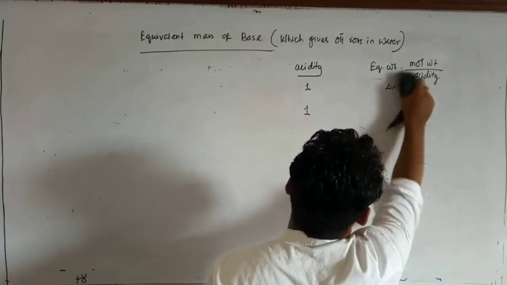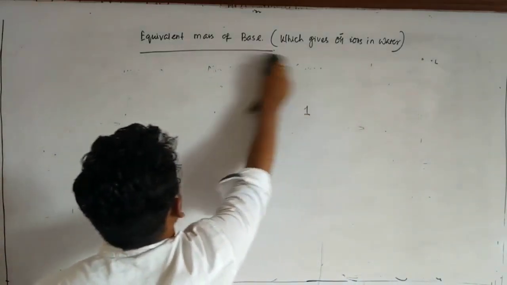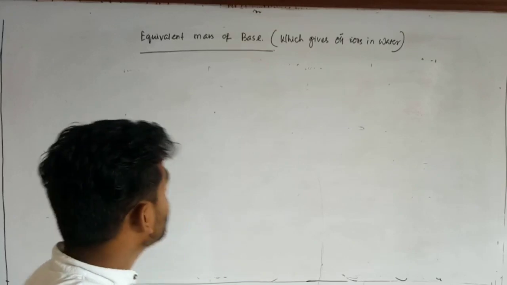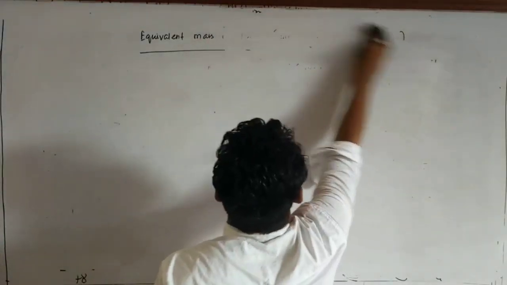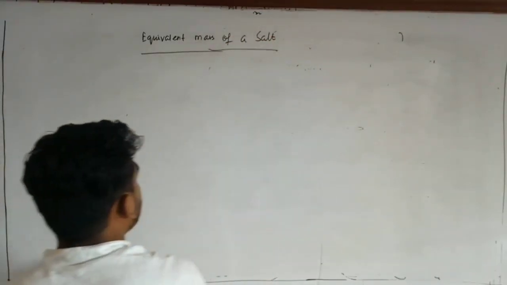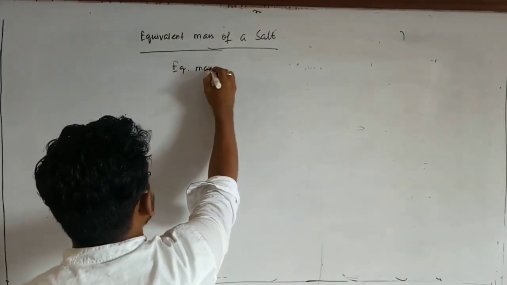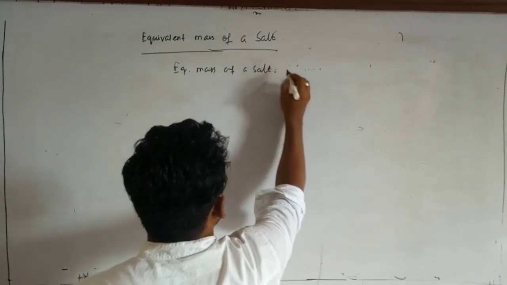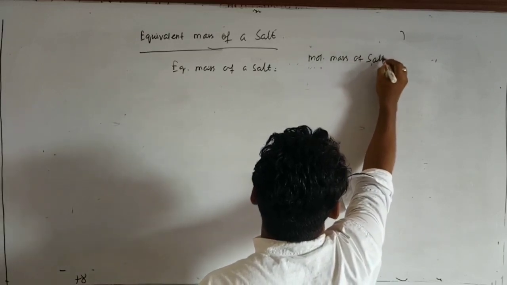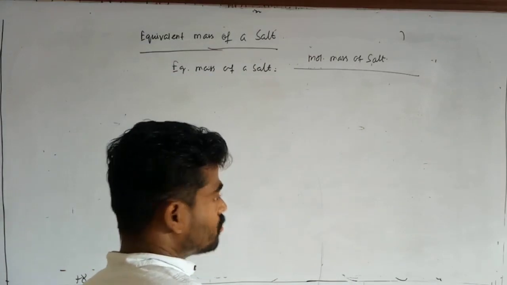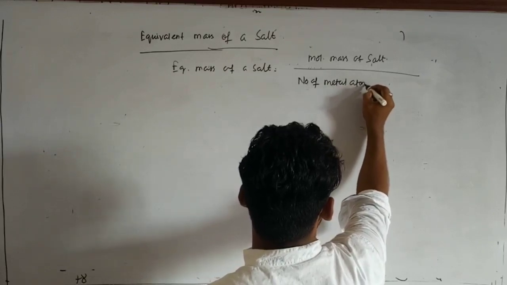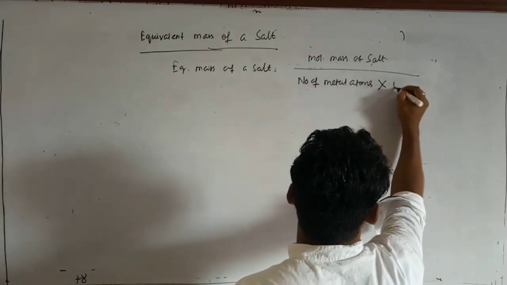The formula: equivalent mass of a salt is equal to molecular mass of salt divided by number of metal atoms present in salt into valency of metal.